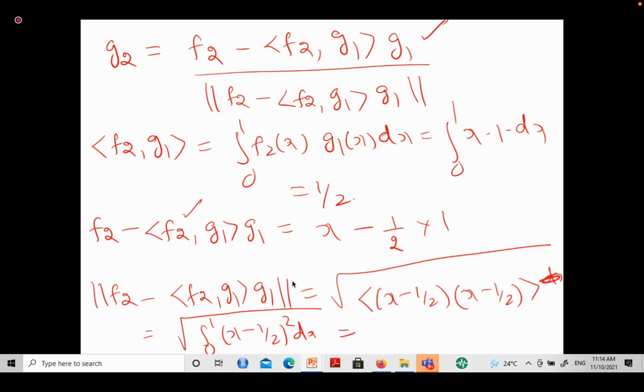For the lower limit, substitute 0, giving minus 1 by 2 the whole cube, so minus 1 by 8. So 1 by 8 plus 1 by 8 is 1 by 4, divided by 3, so 1 by 12. So what is the root of 1 by 12? It is 1 by 2 root 3.